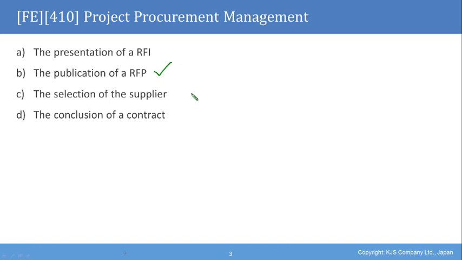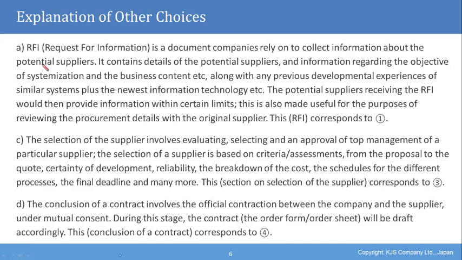Now, before we finish, we'd like to explain what each of the rest of the answers are, so we'll also go through all the other options. Firstly, we had option A, which involved an RFI. An RFI is another acronym standing for Request for Information. Just to remind you, we had two other requests. We had the RFP, which was the Request for Proposals. We had the RFQ, which was the Request for Quotation. And now we have the third request, the RFI, which is the Request for Information.